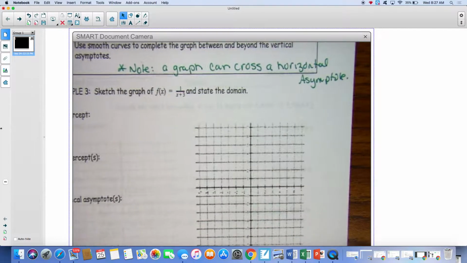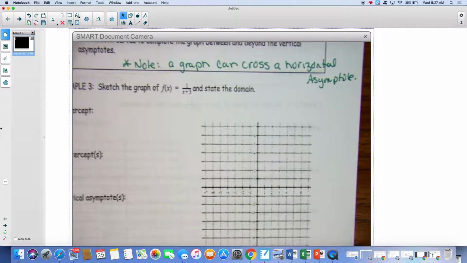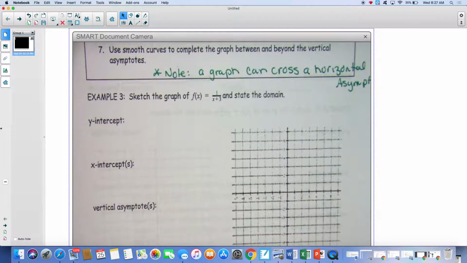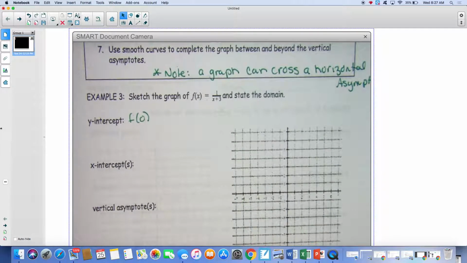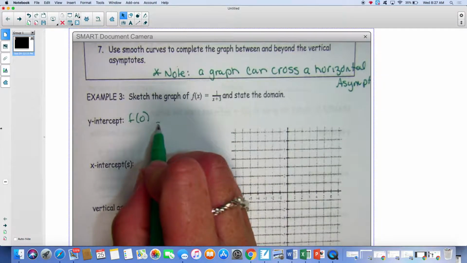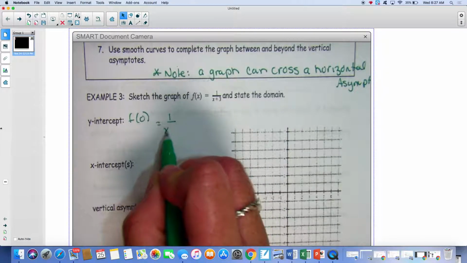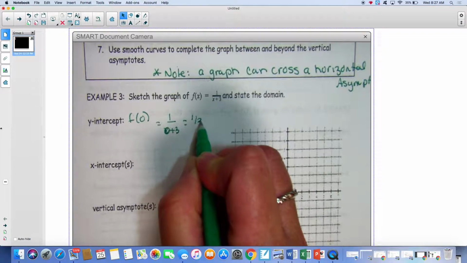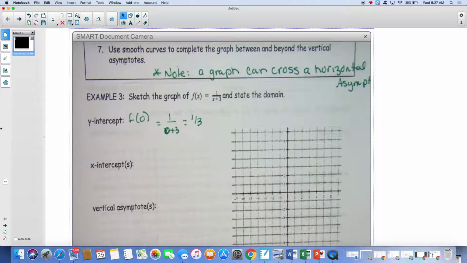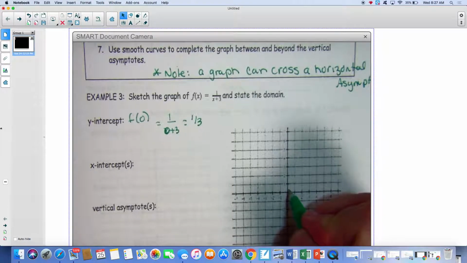So for the first one, y-intercept. How do I find the y-intercept? Find f of 0. So that's going to be 1 over 0 plus 3, which is 1/3. As I find it, plot those points. 1/3.